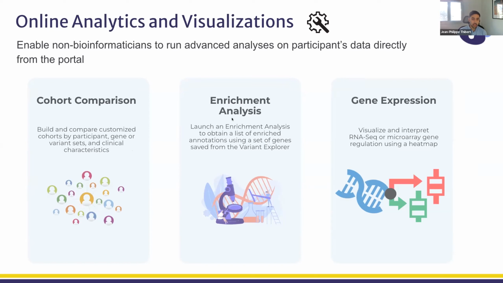The second tool that we want to build is the enrichment analysis tool. So essentially, you're going to be able to launch an enrichment analysis to obtain a list of enriched annotations using a set of genes saved from the variant explorer. So the enrichment analysis could cover ontologies like the GO terms in regards to the molecular level, the biological level, so we get those functions there based on genes.